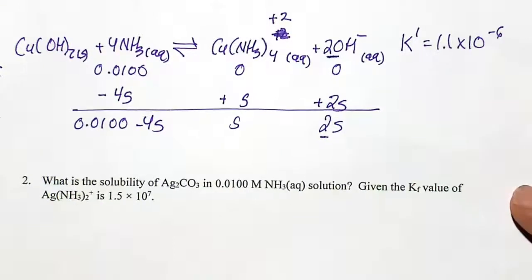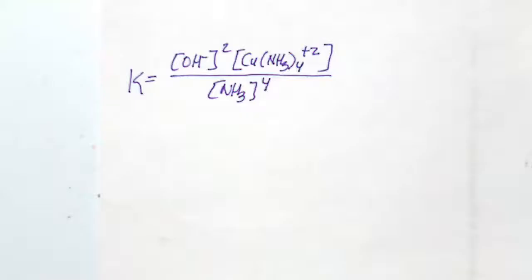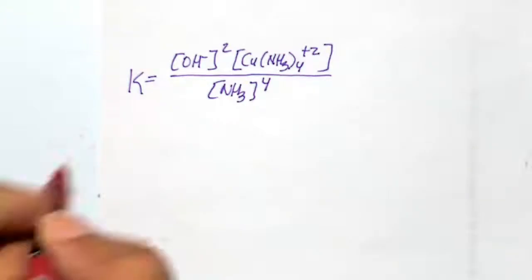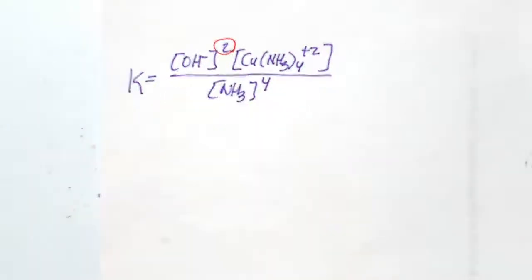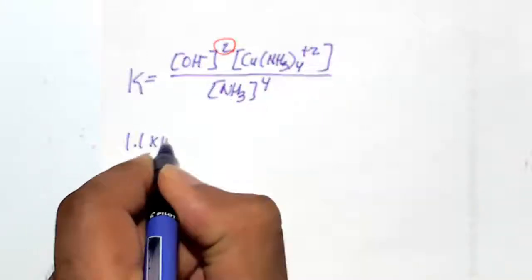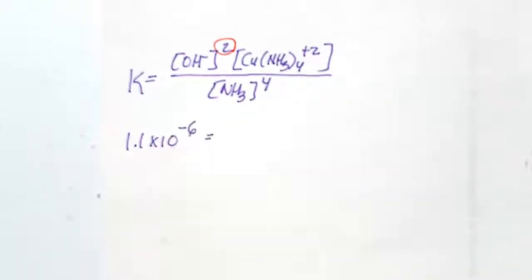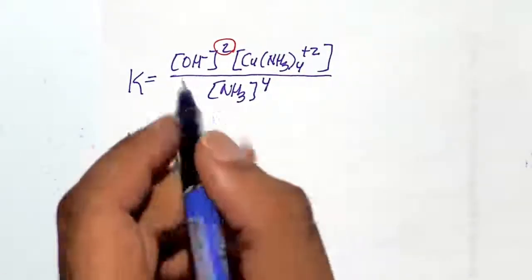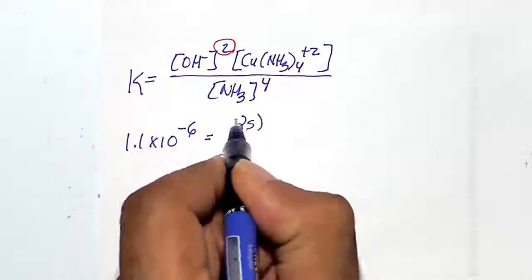So let's put that into our K value via the law of mass action, products over reactants. Do not forget that 2 comes from the fact that in our balanced chemical equation we have 2 moles of hydroxide being formed. The K value that we've computed was 1.1 times 10 to the minus 6, for the formation of that complex ion from copper hydroxide. And our equilibrium concentration of hydroxide ion was 2s.